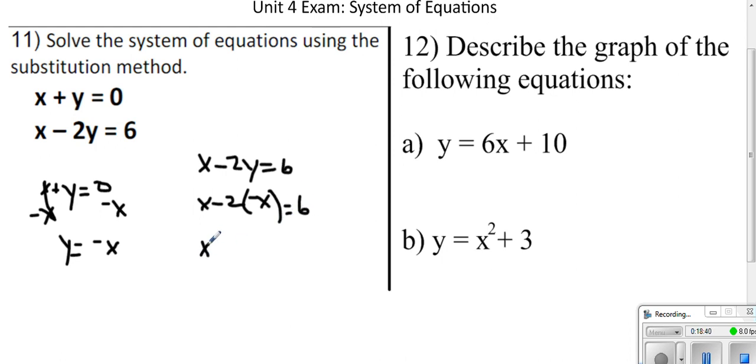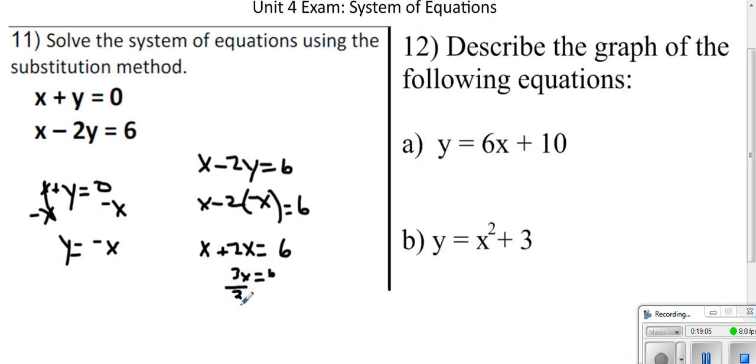X, and then now it's kind of like distributive property, but it's negative 2 times negative x is positive 2x. Negative times negative, and then 2 times 1, which is the coefficient in front of the x. So you have 3x equals 6.